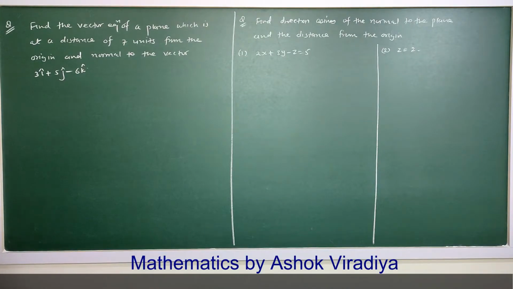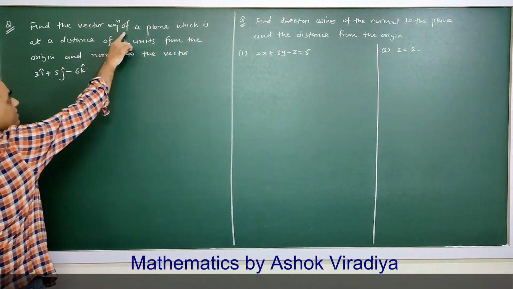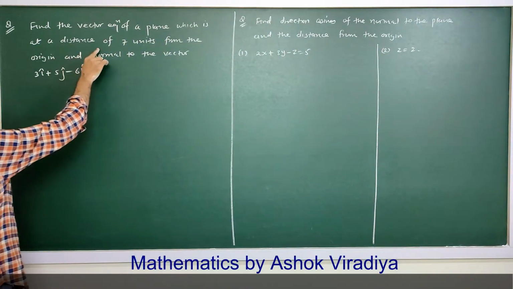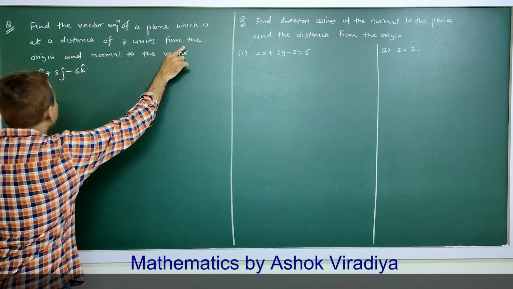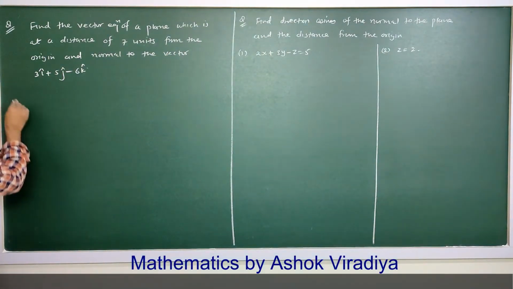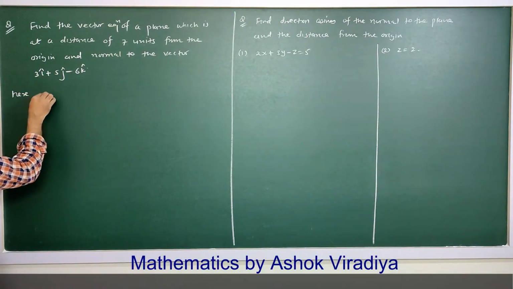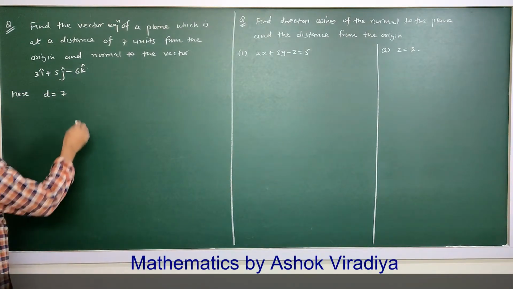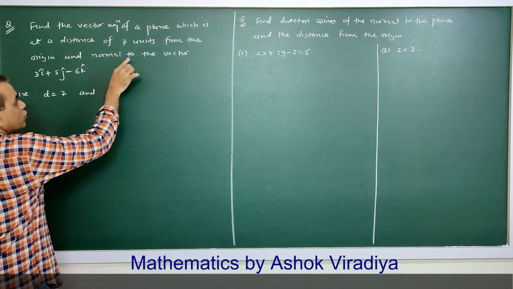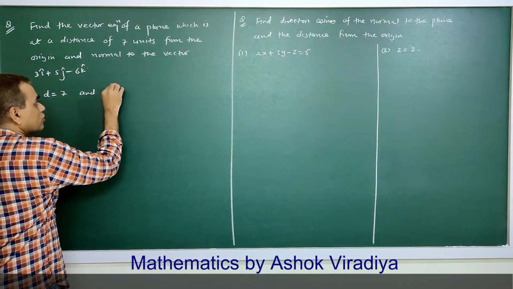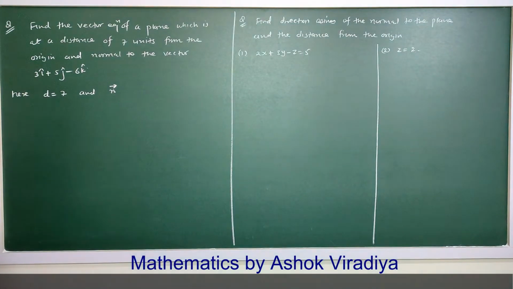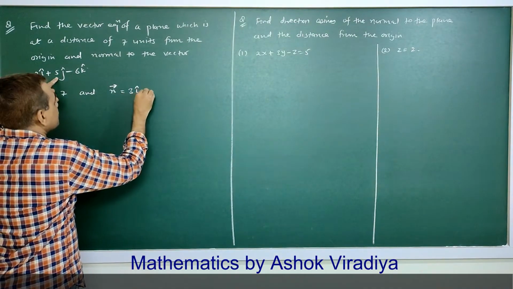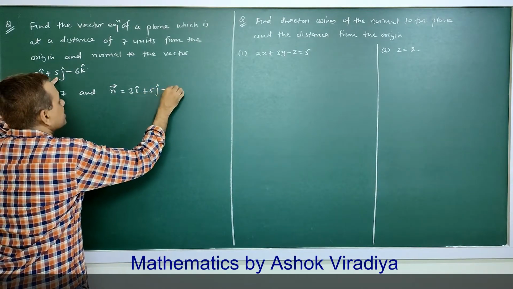Now see, in this question: find the vector equation of a plane which is at a distance of 7 units from the origin and normal to the vector n, which is equal to 3i plus 5j minus 6k.